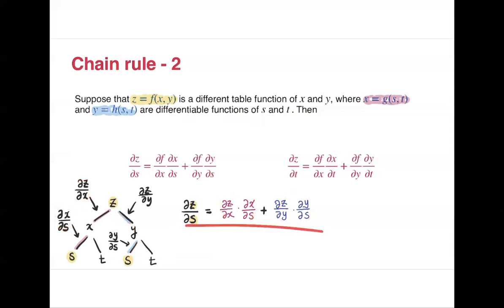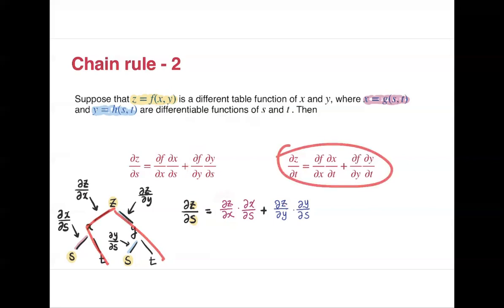So we get the same formula like this. As I said before, since we set z equal to f, it is the same thing, okay? ∂z/∂x is the same as ∂f/∂x. Like this, you can find ∂z/∂t, joining the two lines there, and we can get this formula.